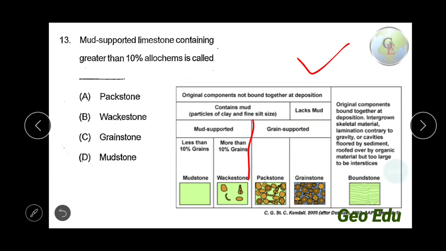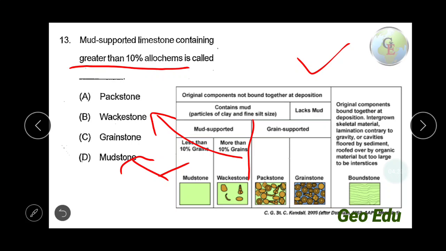The mud supported one with less than 10% grains is known as mudstone, and the one with more than 10% grains is known as wackestone. Grains are nothing but allochems. So the question says greater than 10% allochems, that is greater than 10% grains, so wackestone will be the correct answer here.